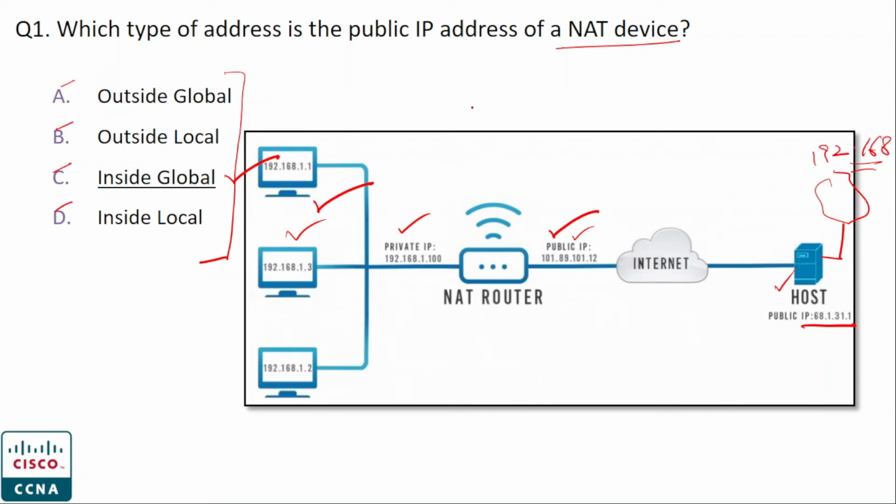So in this particular case, this inside global IP address is the public IP address of the NAT device. All these devices have private IP addresses and they use this public IP address to communicate with the outside world or the outside host over the internet.